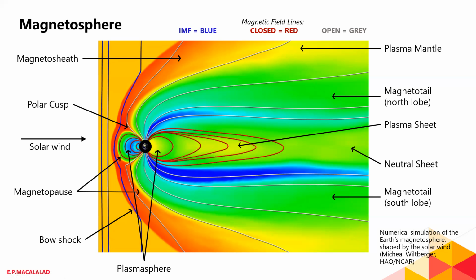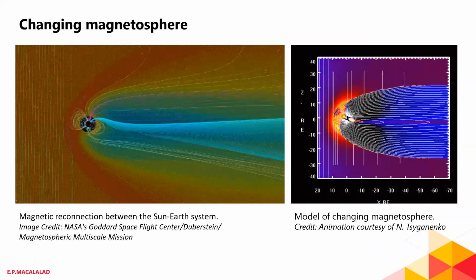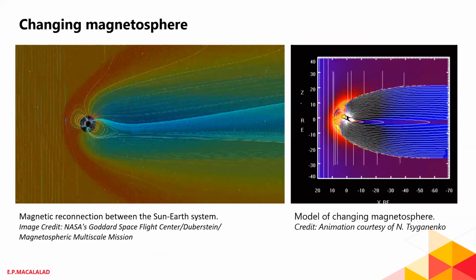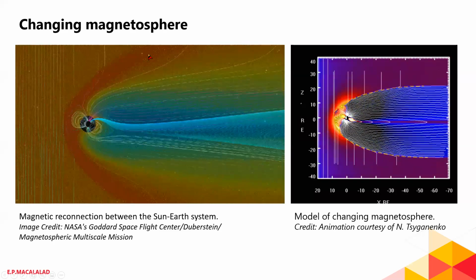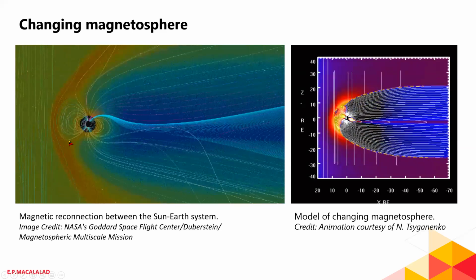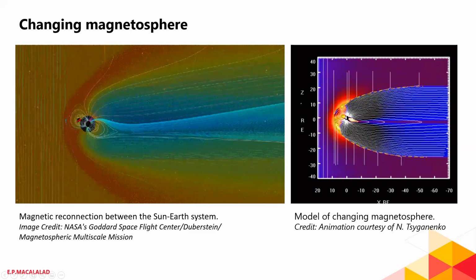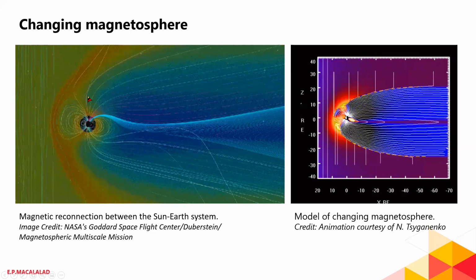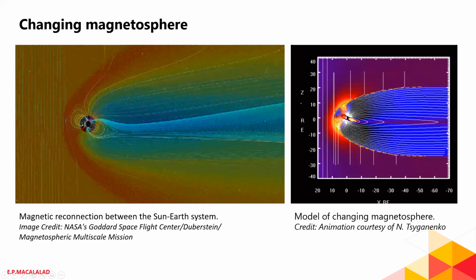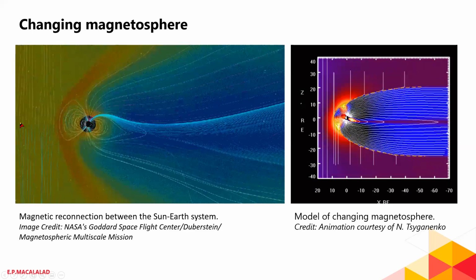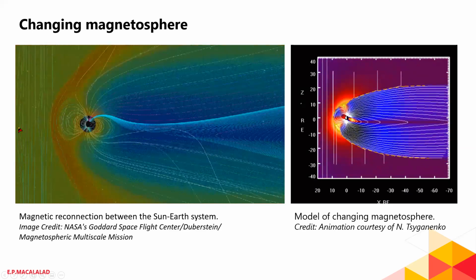Okay, so this is what a changing magnetosphere would look like, based on two different models. So you can see here the magnetosheath. One of the things that you can learn here is that when the magnetic field of the magnetosphere is compressed, that means there is a fast-moving solar wind that contains high density.